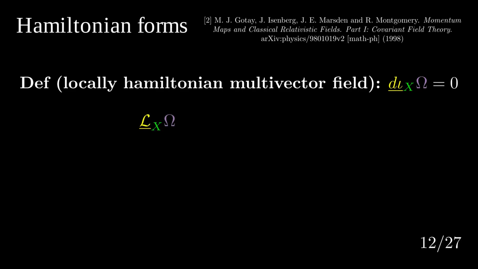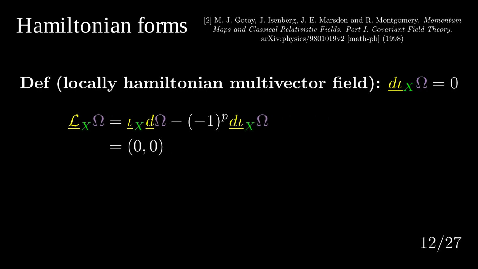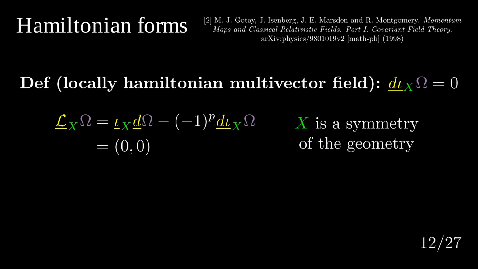We can define locally Hamiltonian multivector fields as those whose contraction by the relative form is closed in this new relative cohomology, and in such a way that these are the symmetries of the geometry, because when taking the derivative of the multisymplectic relative form, this is going to be 0 by the definition of multisymplectic, and this is going to be 0 by assumption. So this is what I said, a symmetry of the geometry.